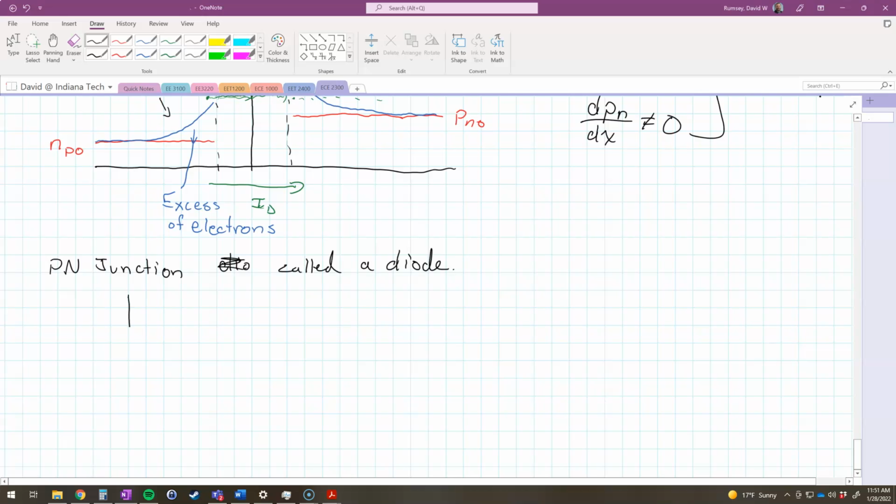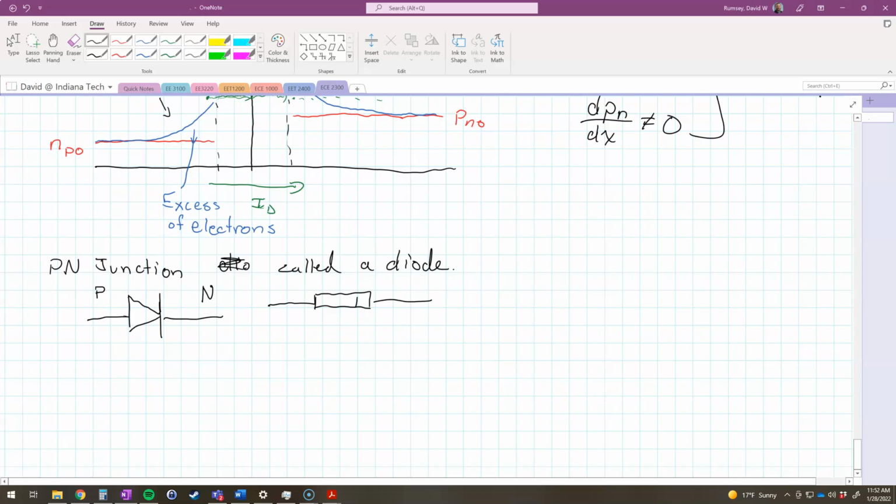I was going to draw the electrical symbol for a diode. This is the electrical symbol for the diode. Now this is the P side of the diode, and this is the N side of the diode. And there's a little line here. Now if you look at a physical diode, like one that's in the drawers, that's an axial component, so it's got little wires coming out.